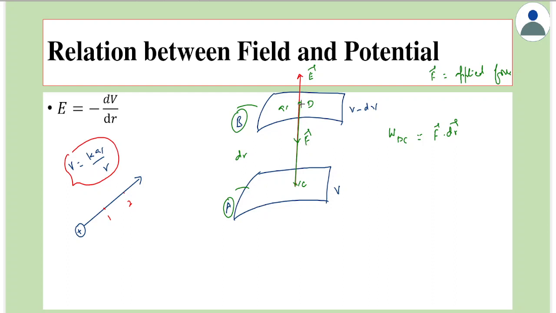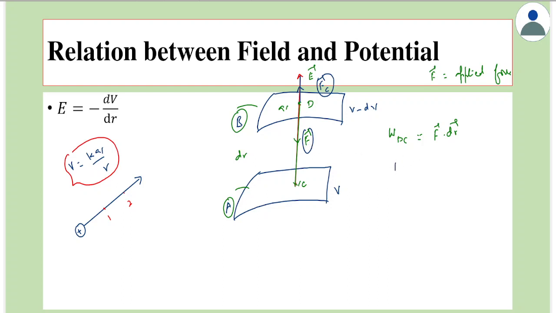Otherwise, the charge will move along the electric field. So this force I apply is to counter the Coulomb force. Coulomb force acts in this direction, we call it F Coulomb. F Coulomb and this force are in opposite directions.